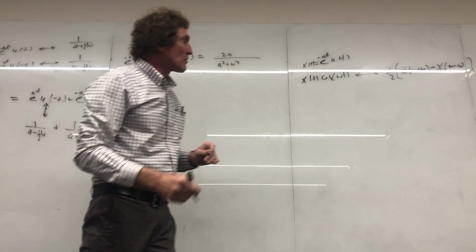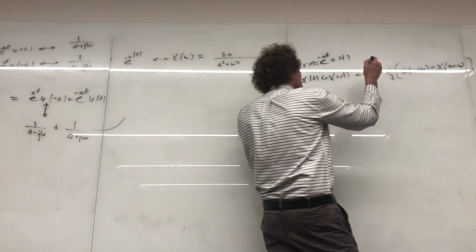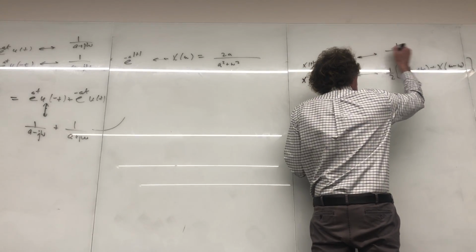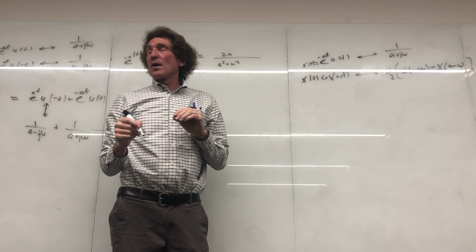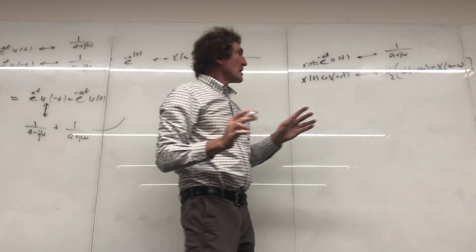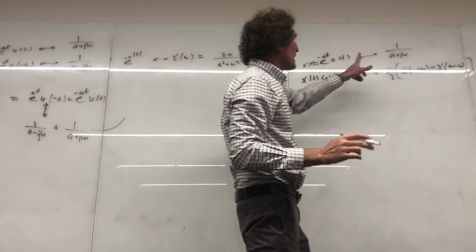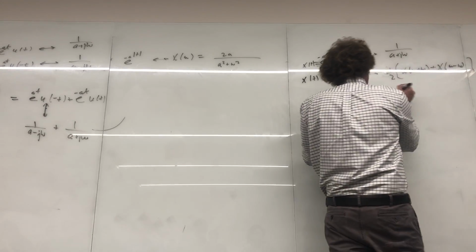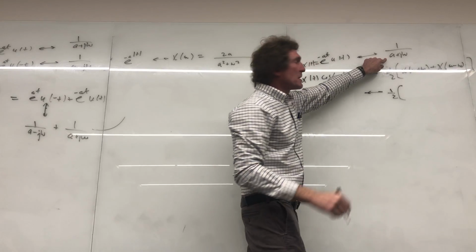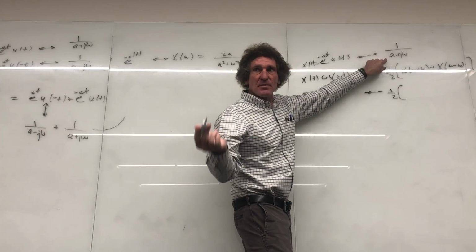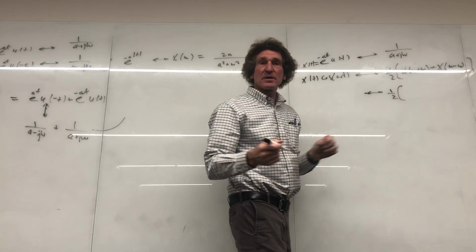I'm going to slow down, and I want to make sure everybody sees this. By the way, I didn't put that up there, but this just looks like 1 over a plus j omega, correct? All right, now please just hear me. If that is X of omega, then this becomes 1/2. I take my X of omega function, and anywhere there's omega, I replace it with omega plus omega naught.